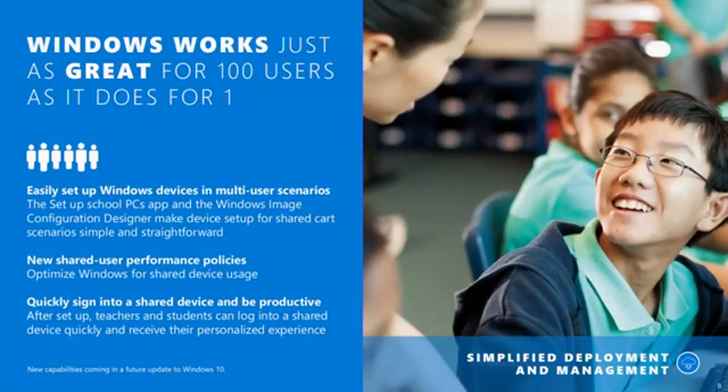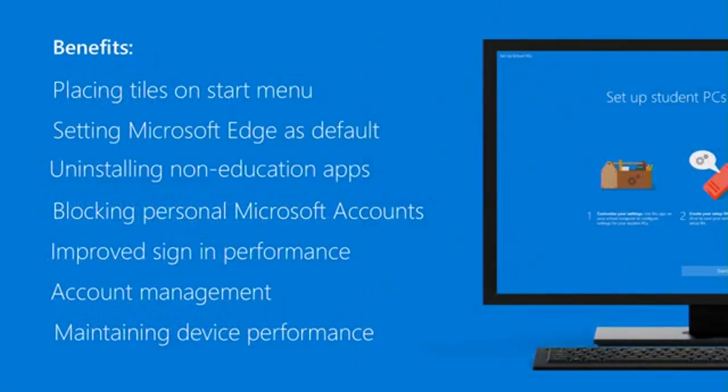You can go to the Windows Store today and download a version of this application, the Set Up School PCs app. And what it's doing is it's applying school-specific policies to help devices run better over time and log in more quickly. And so behind the scenes, what it's doing is it's setting these types of policies on the devices.